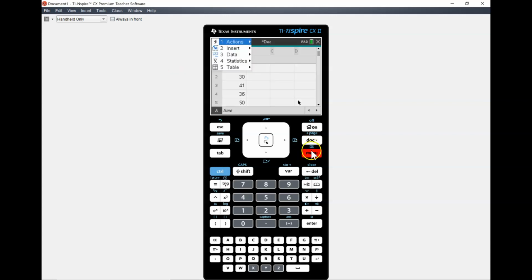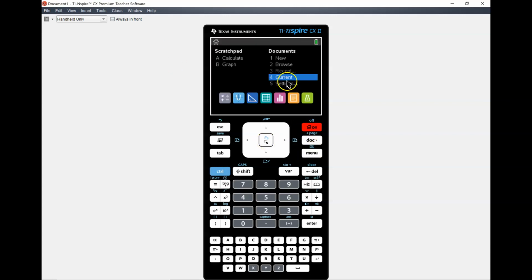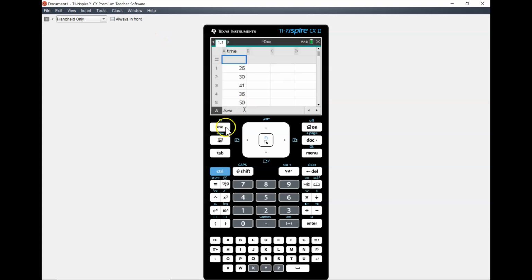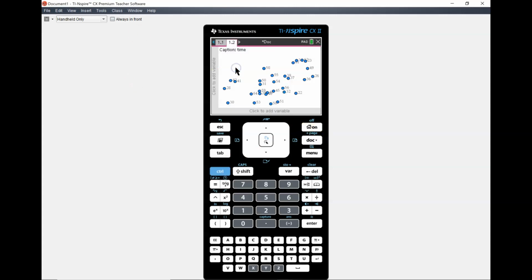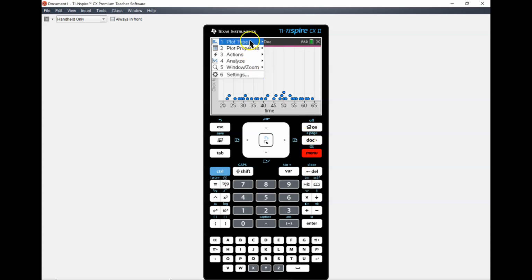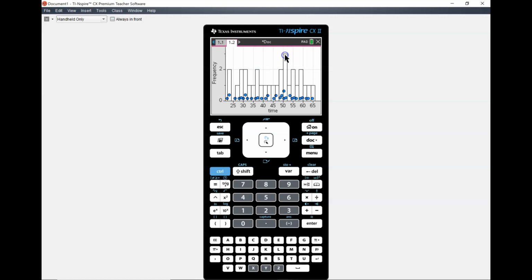I keep pressing all sorts of buttons here. All right. We're going to add a page of data and statistics. And here I want to make this the time. All right. And in this data, first of all, I want the menu plot type to be a histogram.